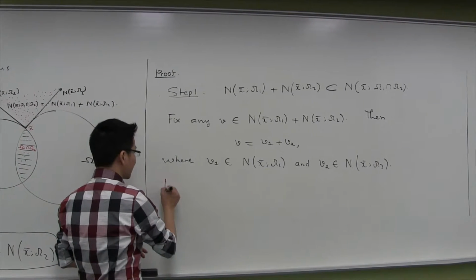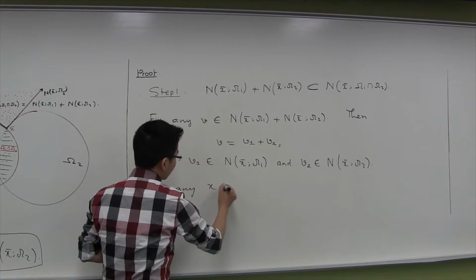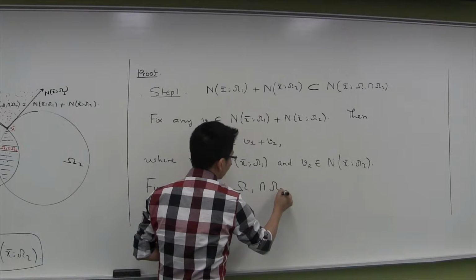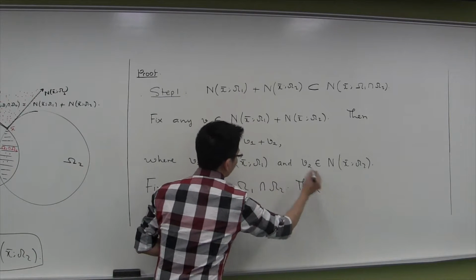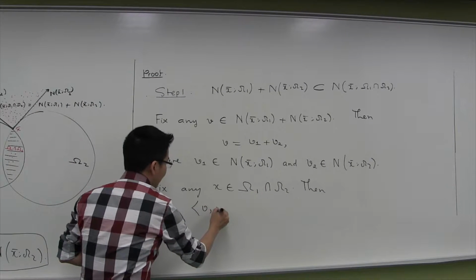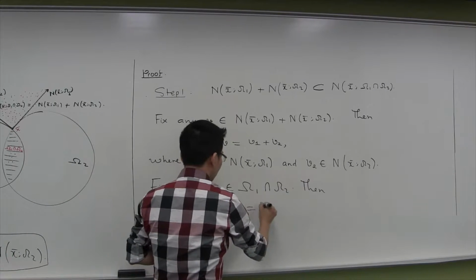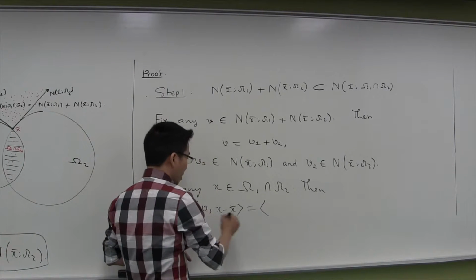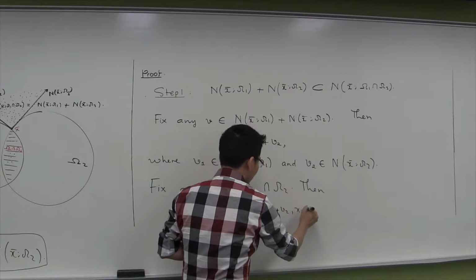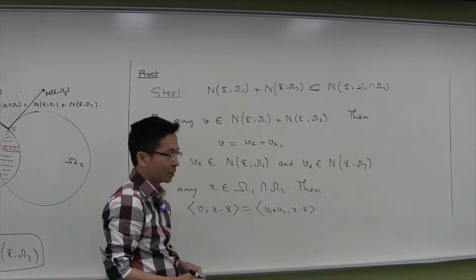So now I'm going to fix any x in the intersection of omega 1 and omega 2. Then we have the following. The inner product between v and x minus x bar is equal to the inner product between v1 plus v2 and x minus x bar, because v is the sum of v1 and v2.